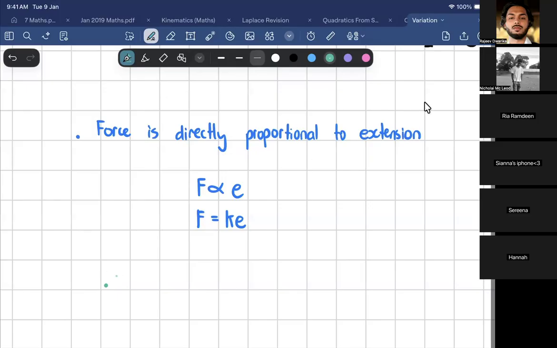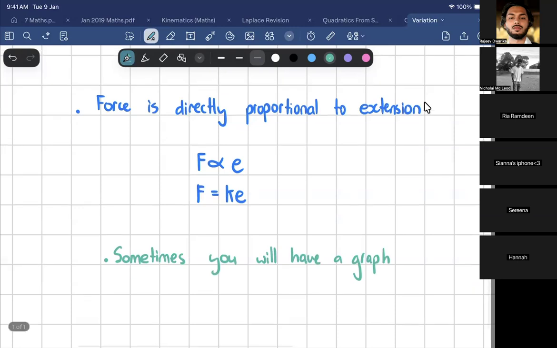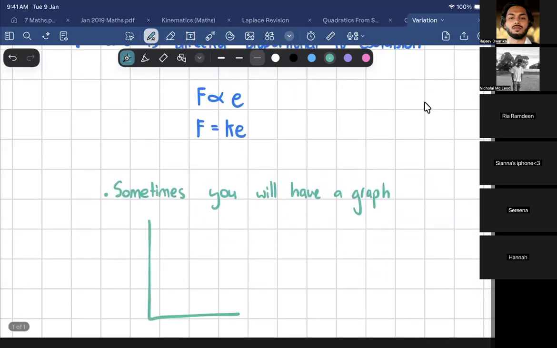Sometimes you will have a graph. So Sienna, just stay with me, right? If I had a graph of force versus extension, first of all, it's directly proportional, so that graph would look like a line, right? I'm going to know if you're with me so far. Yes, sir.